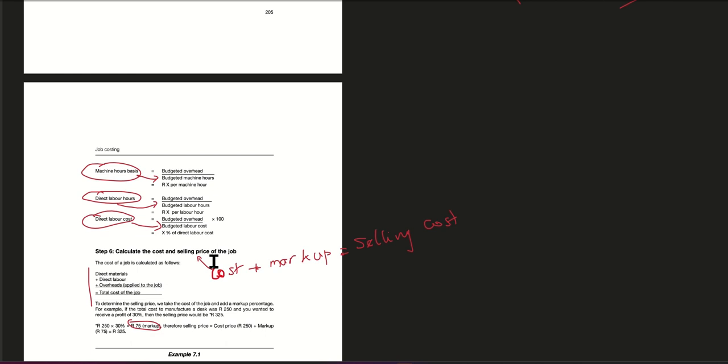So you need to find how many hours this job in particular necessitated. Let's put it that way. So perhaps it was 500 hours. So you take the budgeted overhead divided by those 500 labor hours. That will provide you with an X rand amount per labor hour.